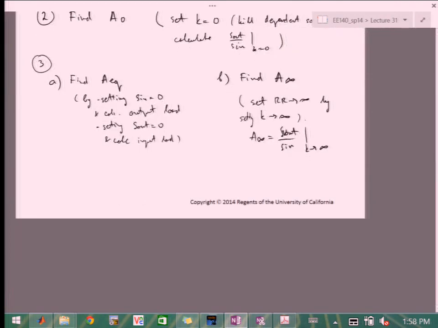So once we're done with this, in 3A, under 4, we can calculate A closed loop as A equivalent over 1 plus RR, plus A0 over 1 plus RR. Whereas in B, we can calculate A closed loop as A infinity times RR over 1 plus RR, plus A0 over 1 plus RR.